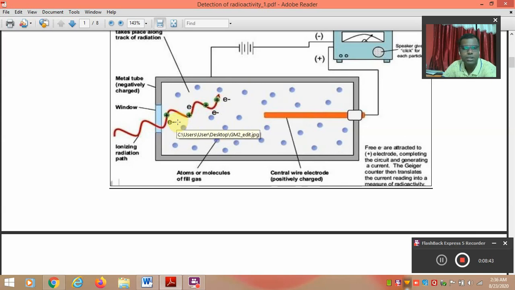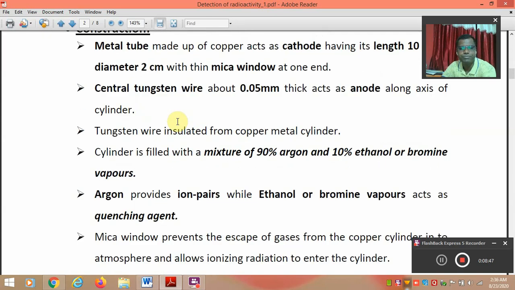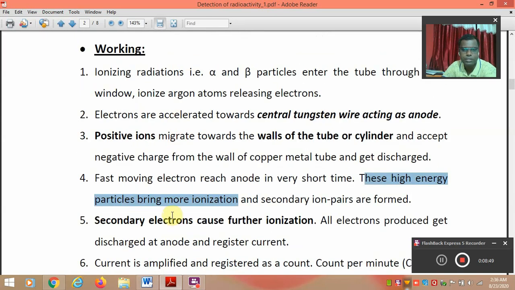Whenever the electrons move towards the tungsten wire, these high energy electrons are responsible for the second ionization, and that is how the secondary ion pairs are formed. These secondary electrons which are released again cause further ionization.